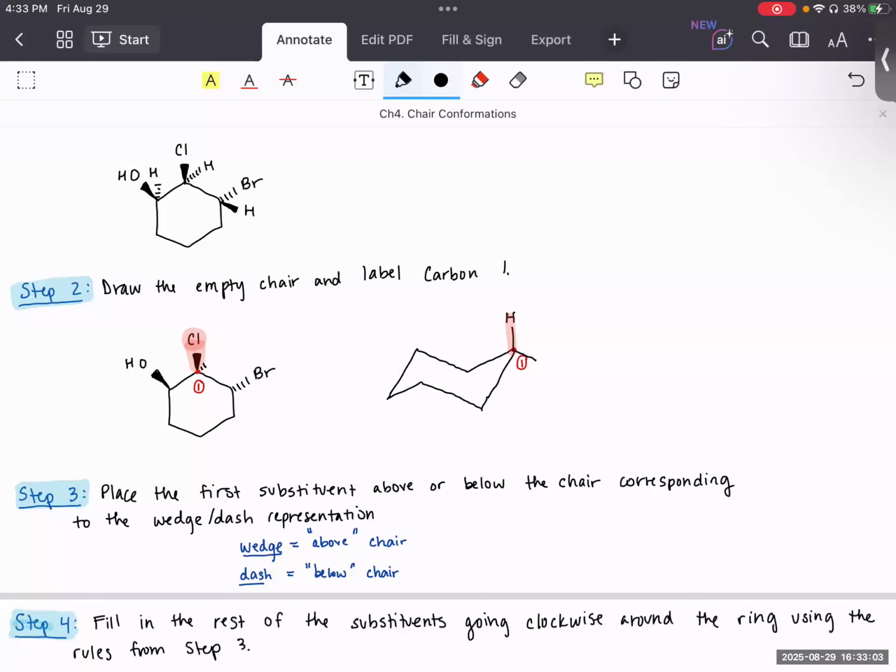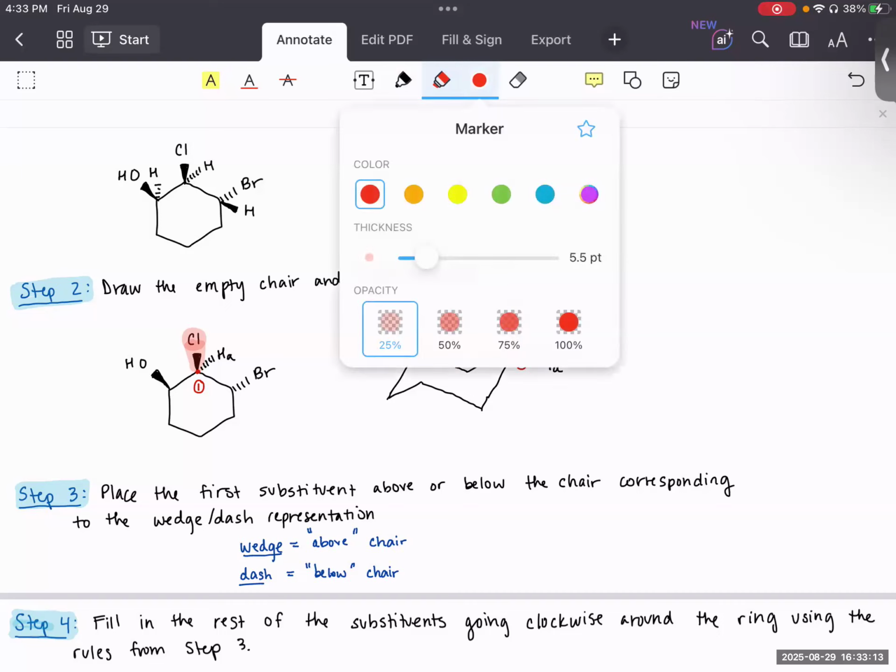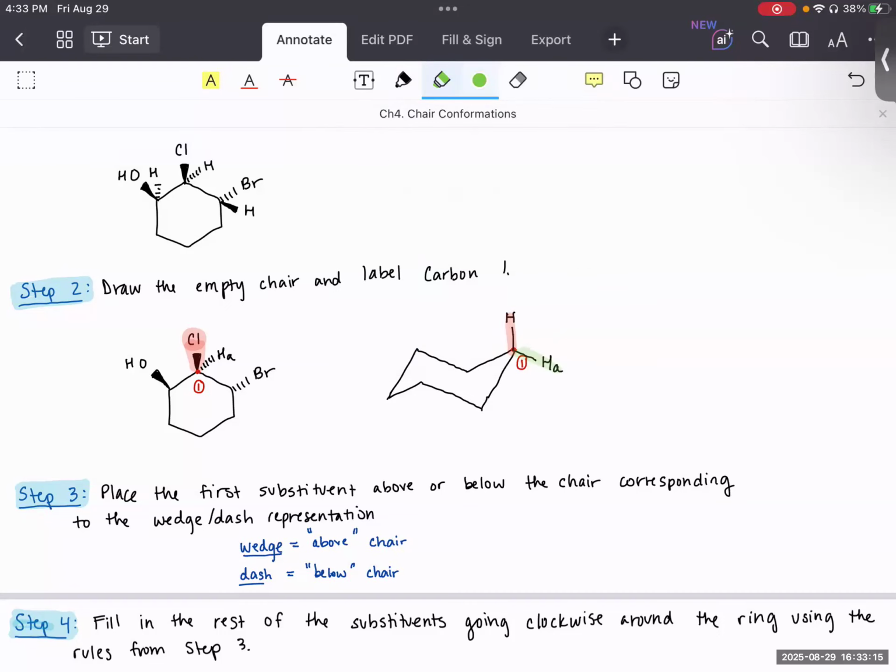We also have that dash hydrogen attached to that carbon. Since it's dash, it's going to be going down. And so HA is going to be tilted down here. So we can see that the dash corresponds to a slight tilt down. It's not fully vertical, but it is slightly tilted down.